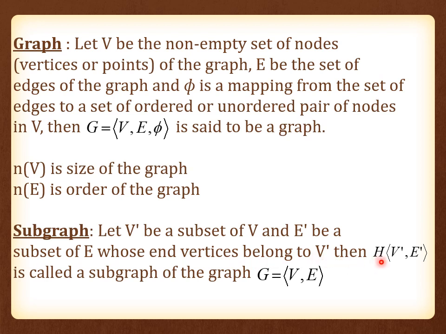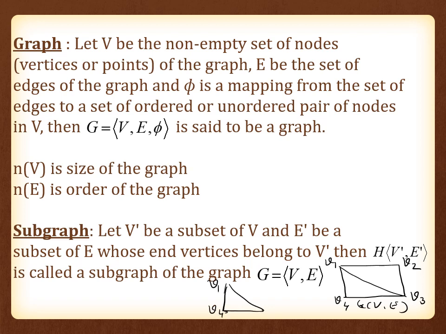Then the graph H, V dash, E dash, that is, the graph H contains the set of vertices denoted by V dash and the set of edges denoted by E dash, and it is called a subgraph of the graph G. Here, if we have the graph G with the four vertices V1, V2, V3 and V4, then V1, V4, V3 connected by these three edges is called a subgraph of G.